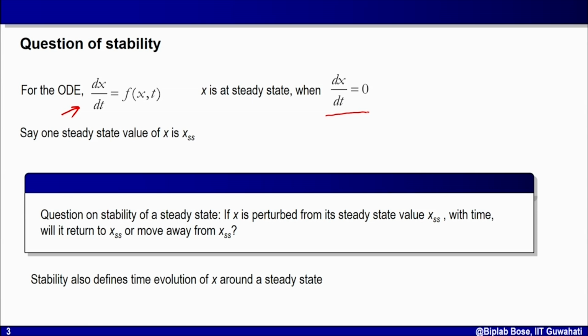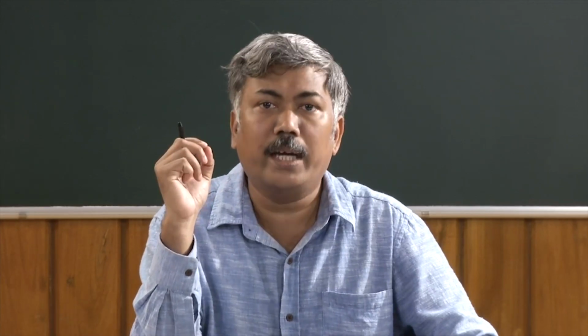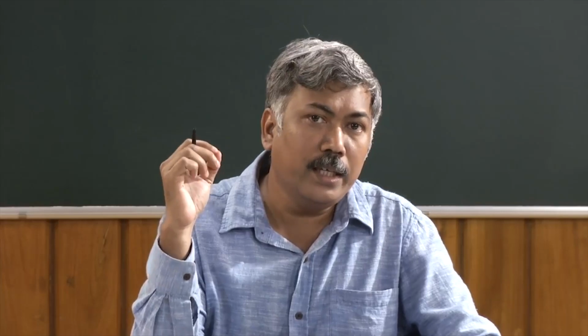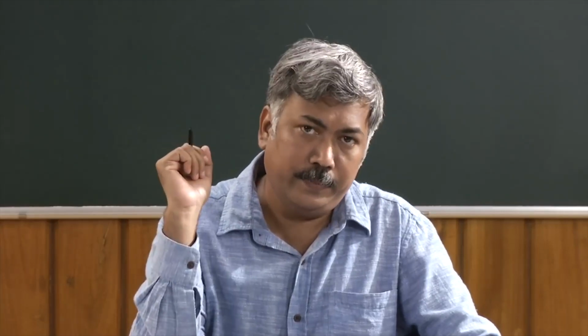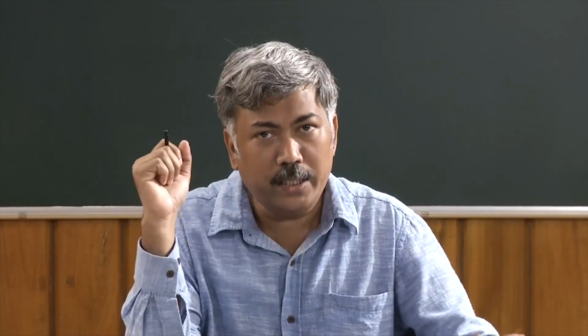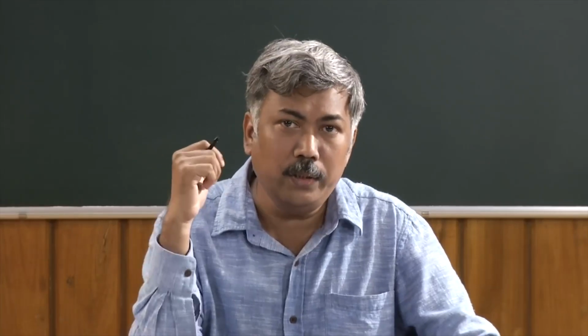Let us call the value of x for which dx/dt is equal to 0 in this ODE as xss, the steady state value of x. Now suppose the system is at xss. That means right now the value of x is at xss, so the system is in steady state and dx/dt is 0.